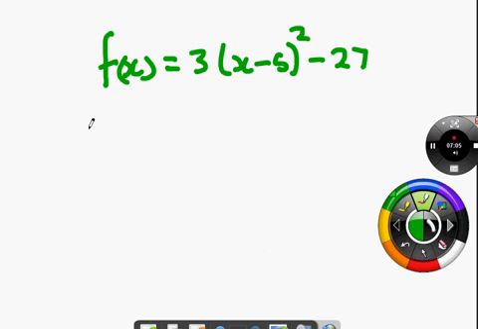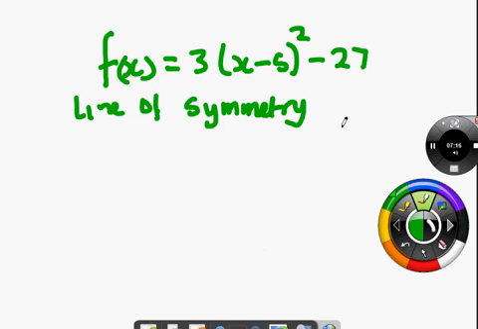Now our line of symmetry again, let's write down our line of symmetry. Our line of symmetry is going to be x is equal to 5. Our turning point, when you look at it, is x is equal to 5, y is negative 27.